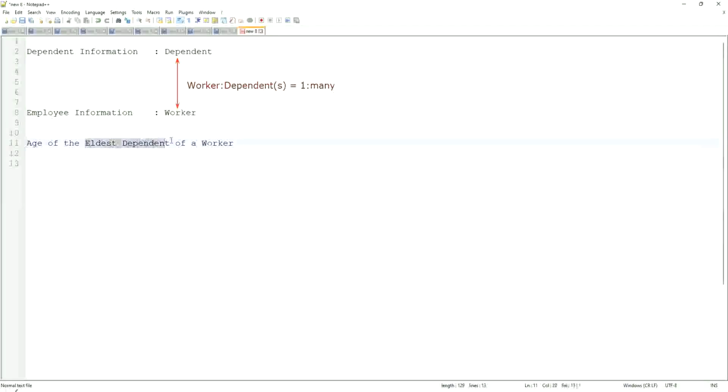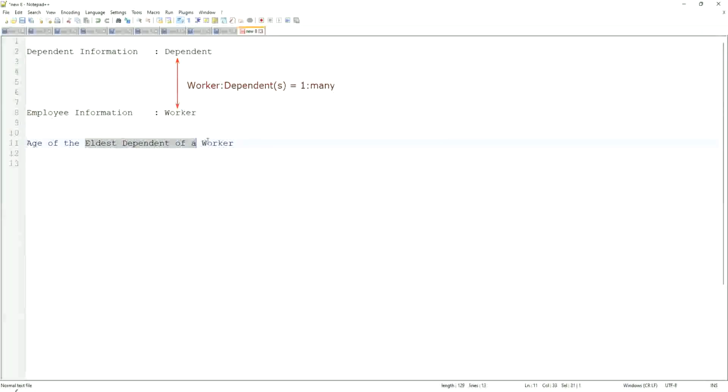One is eldest dependent of a worker, and then age of the eldest dependent, isn't it? First, we have to find out who is the eldest dependent. Then we find out what is the age of that eldest dependent. We break it down into smaller pieces.